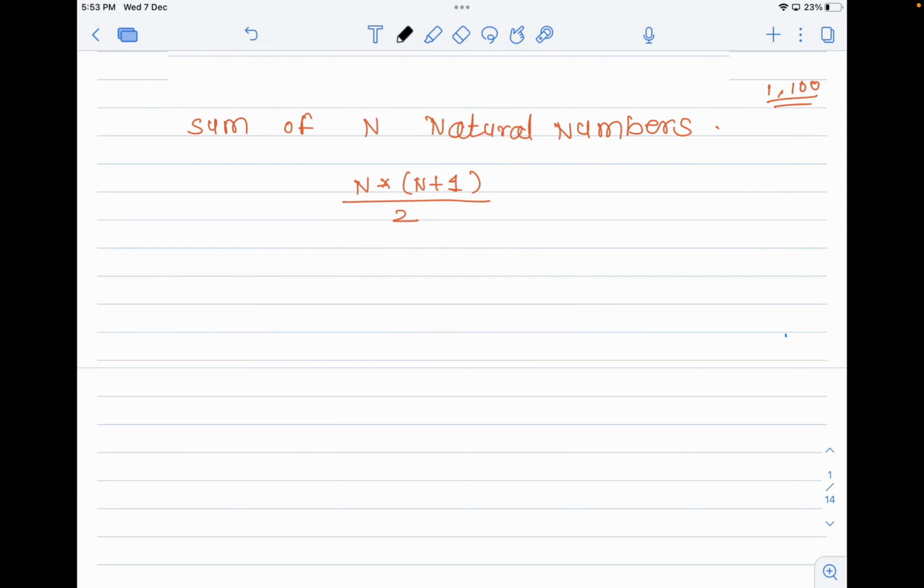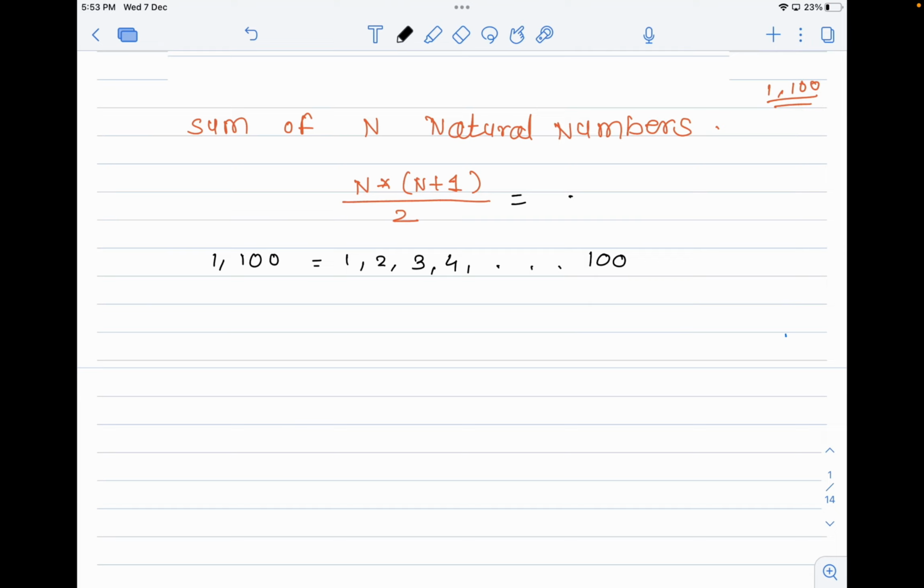Suppose it was a simple 1 to 100, a continuous sequence of natural numbers like 1 2 3 4 till 100.